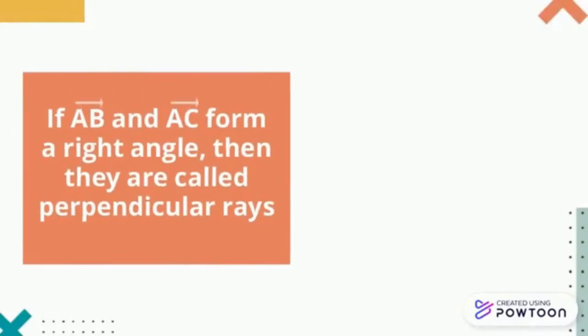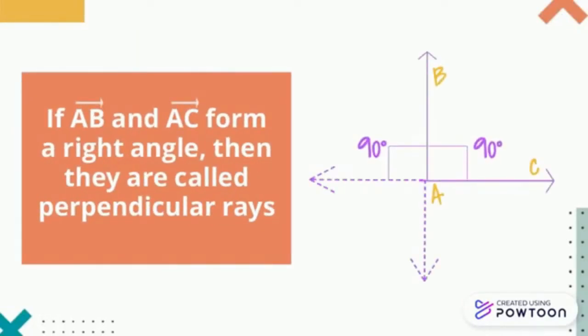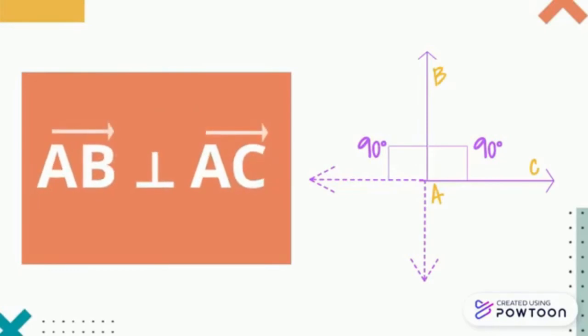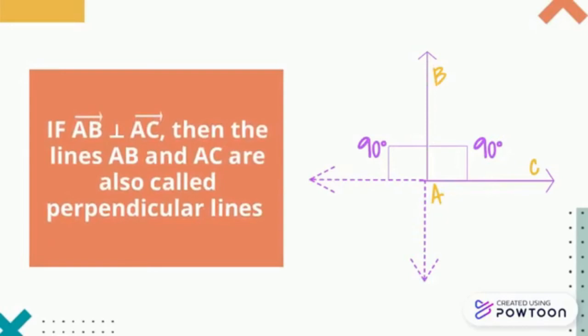By definition, if ray AB and ray AC form a right angle, then they are called perpendicular rays. And we can write that ray AB is perpendicular to ray AC. If ray AB is perpendicular to ray AC, then line AB and line AC are also called perpendicular lines.